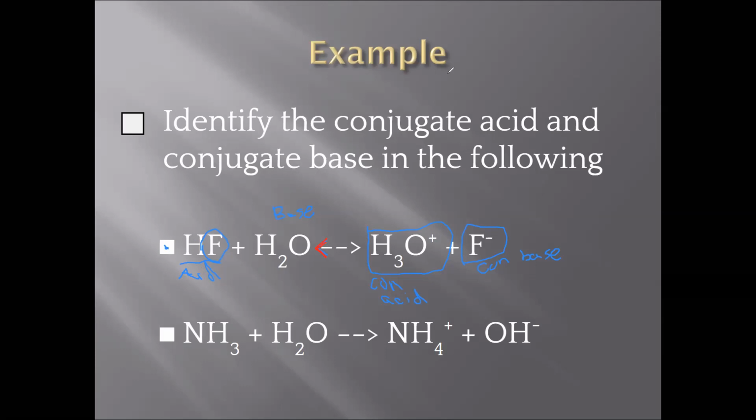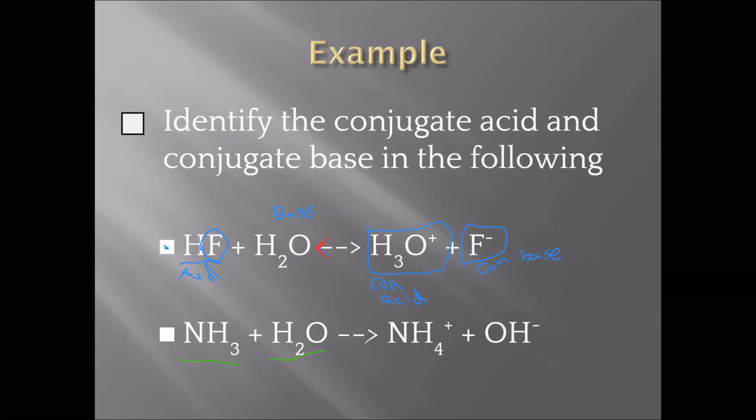Okay, so let's go with green for this one. In this case, we have another situation going on. We have ammonia and water. The ammonia here ultimately looks like it's accepting a hydrogen ion, and the water looks like it's ultimately donating a hydrogen ion.